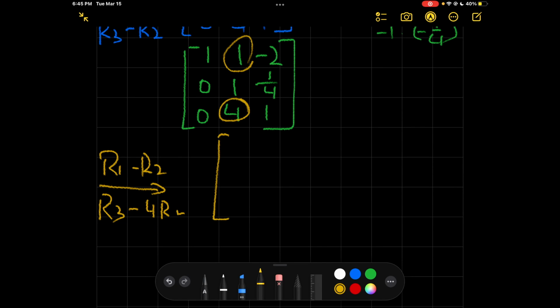So we have 1 minus 0 is 1, 1 minus 1 is 0, negative 2 minus 1/4, a quarter, which is 8, is negative 4/9.